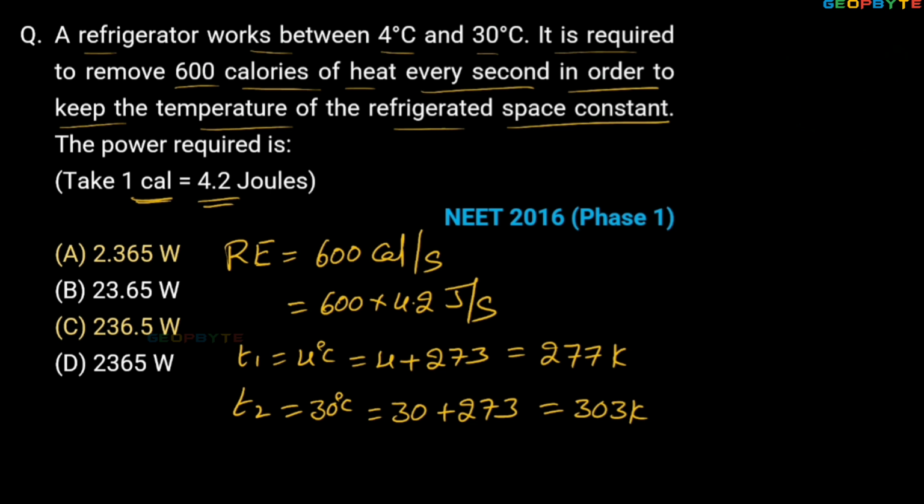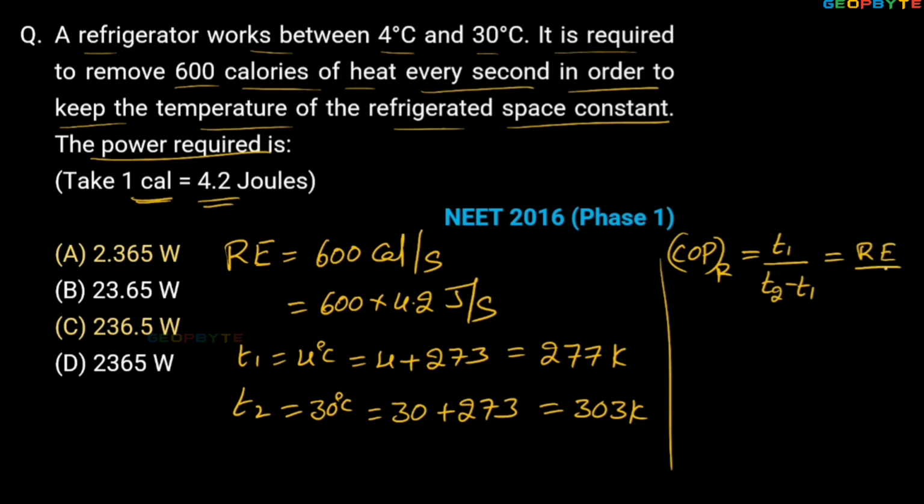Then you are asked what is the power required. As you know, the COP of the refrigerator equals T1 in Kelvin divided by T2 minus T1, and it is equal to refrigeration effect divided by the power.